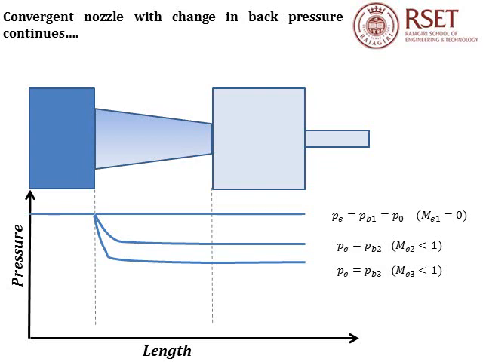Since it ejects into the settling chamber with the pressure PB, the expansion of the fluid in the duct will be such that at the exit of the nozzle, the pressure will be equal to back pressure and the fluid will smoothly merge with the conditions of settling chamber.